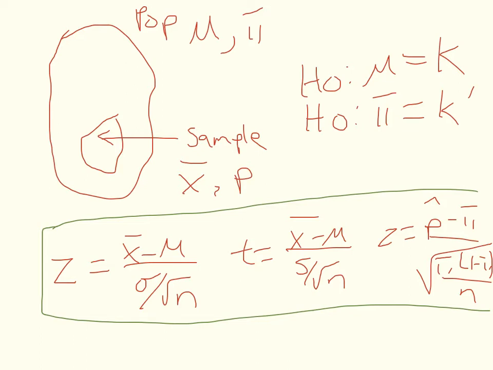Now we have data on related groups. For instance, let's say I have a sample x, and I take values x1 to xn, and I take their measurements at time t.